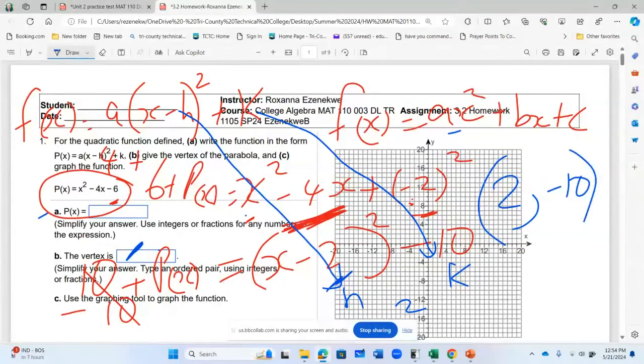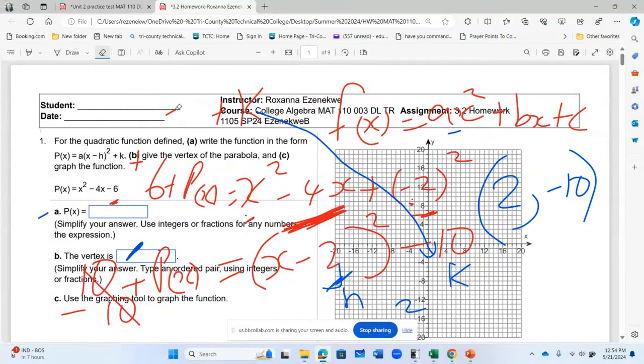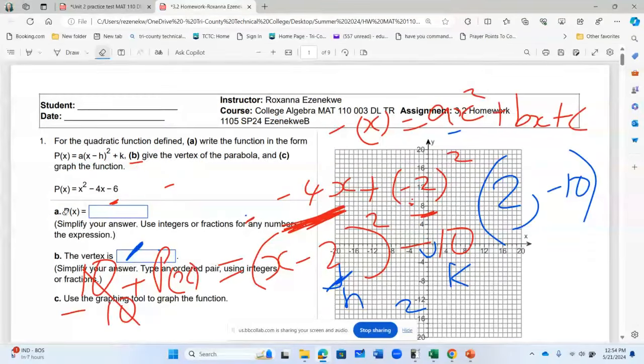So you will be told in test number 2 to change a quadratic equation from vertex form to standard form, or from standard form to vertex form. You'll be told to do that. So we're going to find another one.